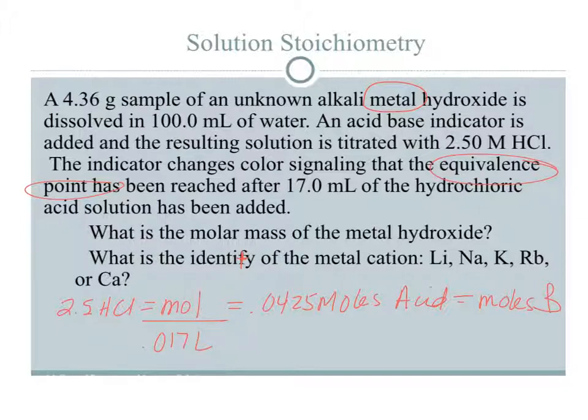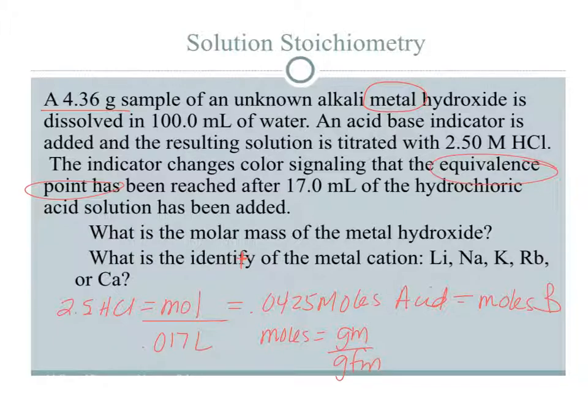So if we know the moles of the base, we can then, using the 4.36 gram sample, because that's the metal hydroxide, figure out the molar mass. Because we know that moles equals given mass over GFM.